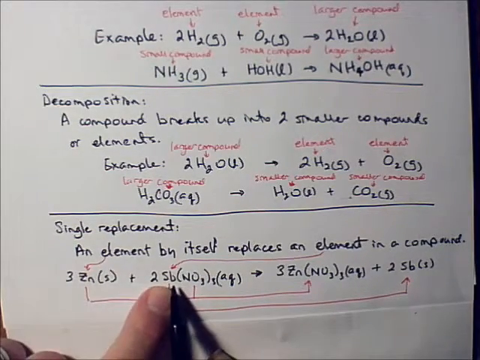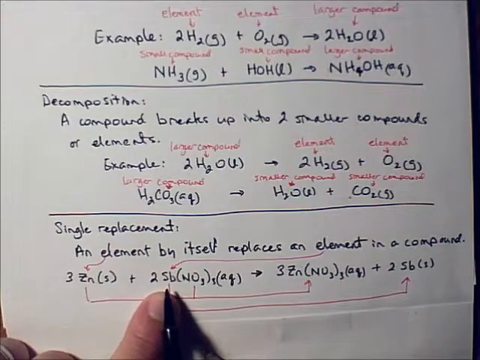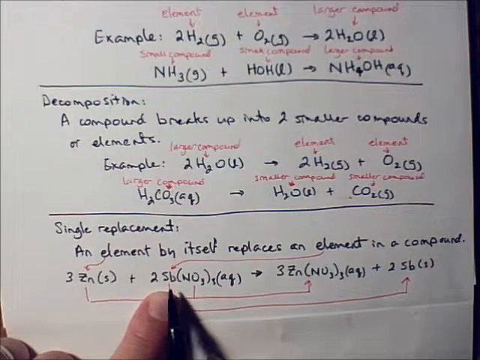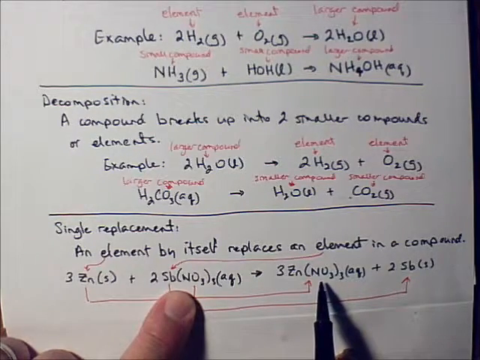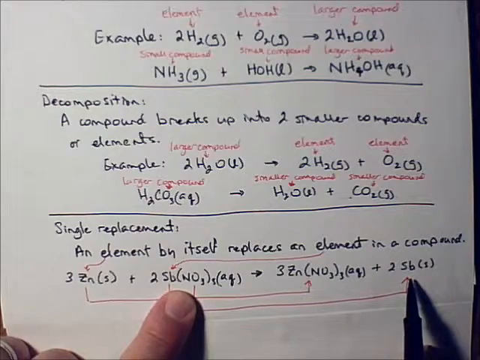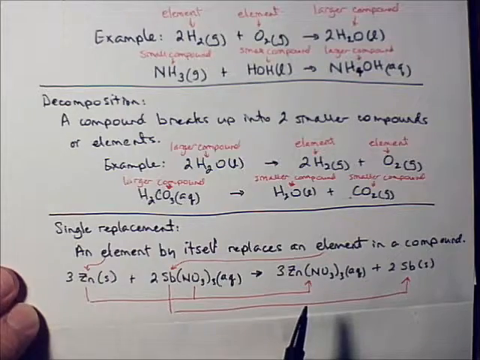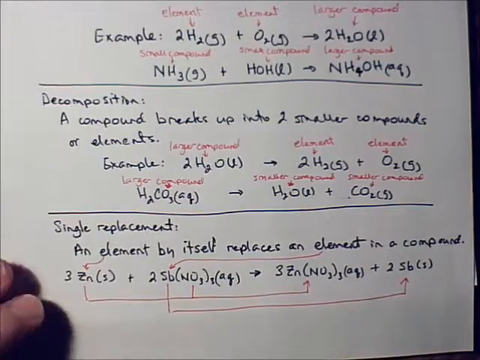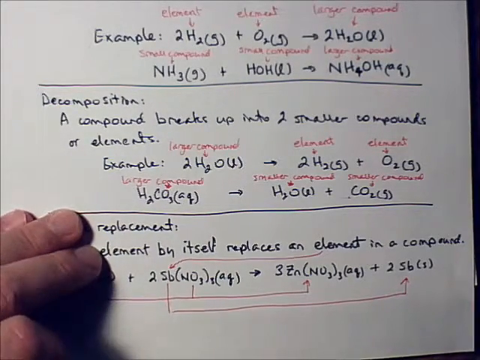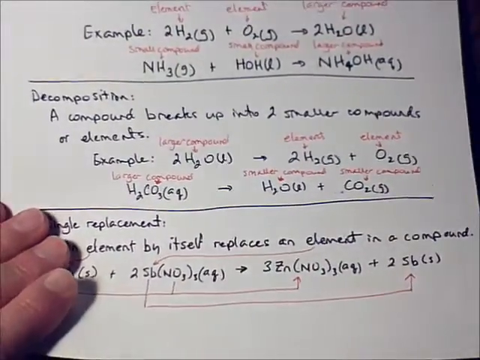Julia pushes Caitlin away here, and guess who ends up together? Julia and Zane. And poor Caitlin goes home alone. Alright, you get the point? So that's single replacement. Got it? Alright. Let's go and look at double replacement now.